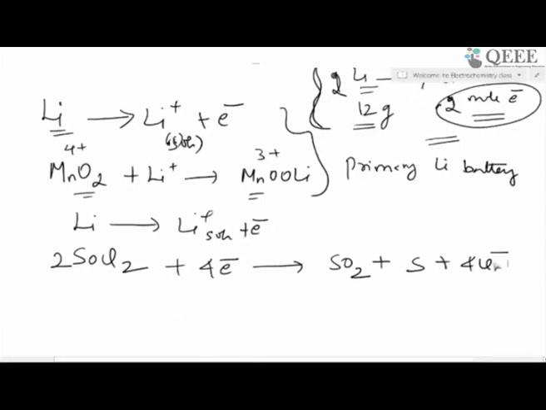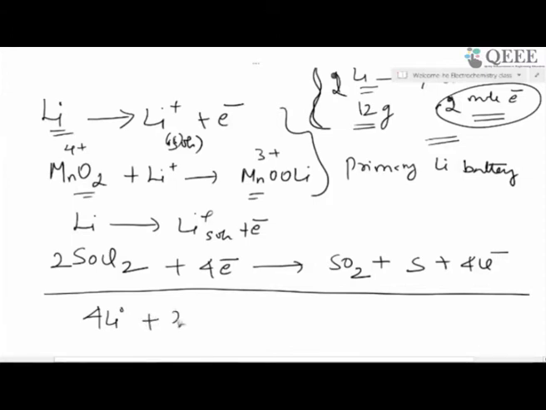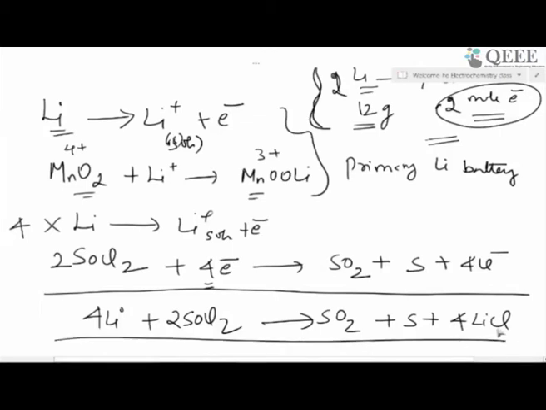So the total reaction, we add these two, then it is going to be 4 lithium giving rise to, because you need 4 electrons here, that means this you need to multiply by 4, right? Then SO2 plus sulfur plus 4 lithium chloride. So this is the net reaction.